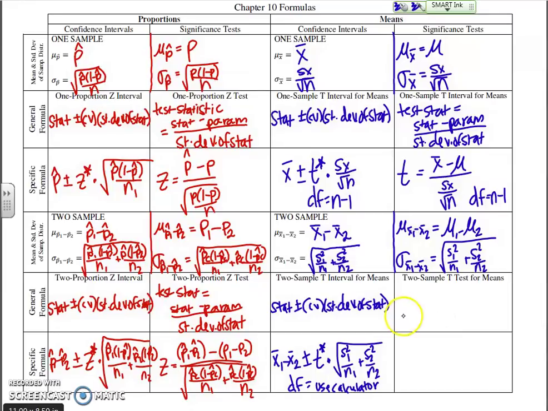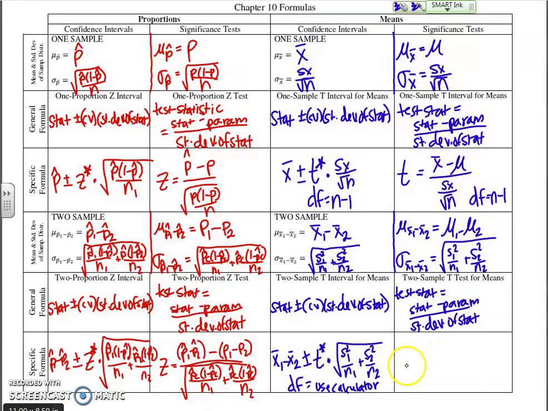Okay. On the two-sample t-test for means, again, the general formula is the same one we've always used: test statistic equals the statistic minus the parameter divided by the standard deviation of the statistic.